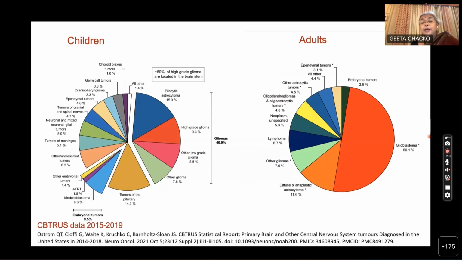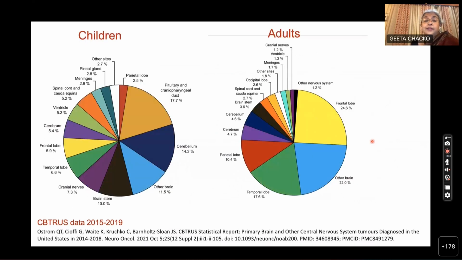I'm trying to emphasize why you need to know site and age. When you compare this in contrast to adults, there's a big difference. We said that pilocytic was fairly frequent, whereas if you look at adults, pilocytic tumors are much less common. In fact, they seem to have more of a high grade tumor, glioblastoma, occurring in them. When you look at it by location, children tend to have tumors in the opticochiasmatic area, the suprasellar region, the cerebellum, the brainstem.